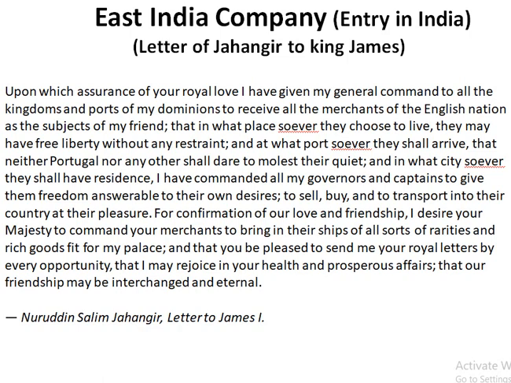Jahangir gave permission to James I for sending the merchants, and it was also shown that Jahangir was having very favorable behavior for the British merchants.